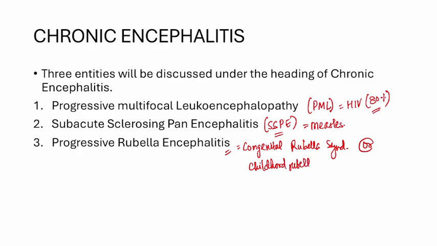Okay, we will discuss them one by one now. By chronic, what do we mean? It means that the typical features of acute encephalitis, like seizures and loss of consciousness, will not be there.